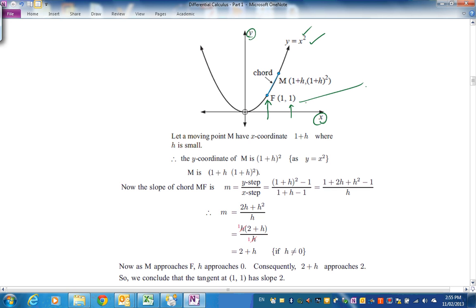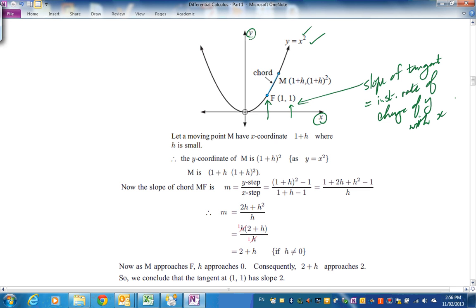I want to know the slope of the tangent and therefore the instantaneous velocity, if we're talking about displacement and time, or the instantaneous rate of change of whatever's up the y-axis, rate of change of y with x.